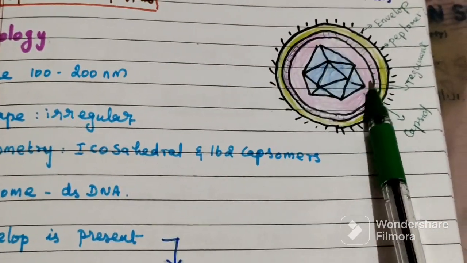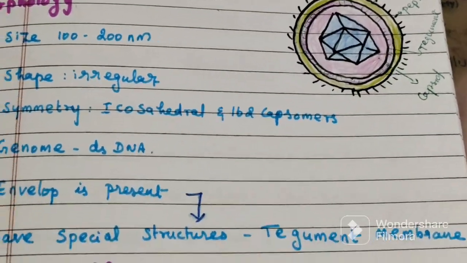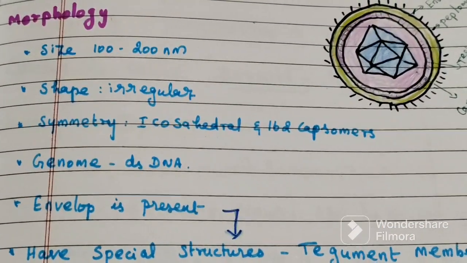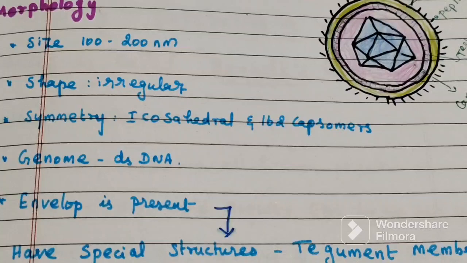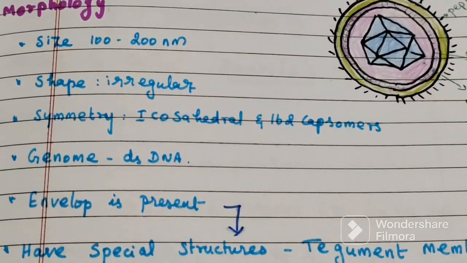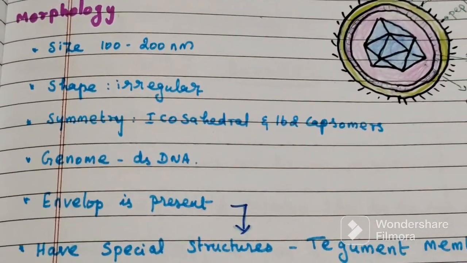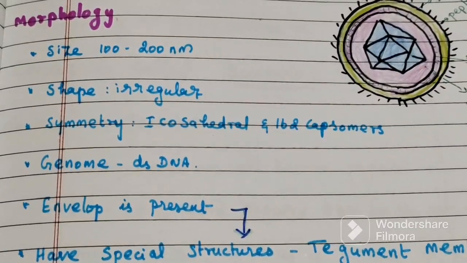So the morphology of Epstein-Barr virus and Cytomegalovirus is similar.